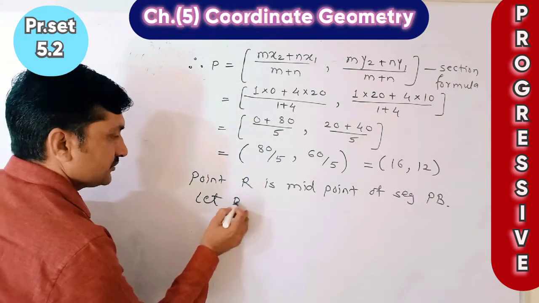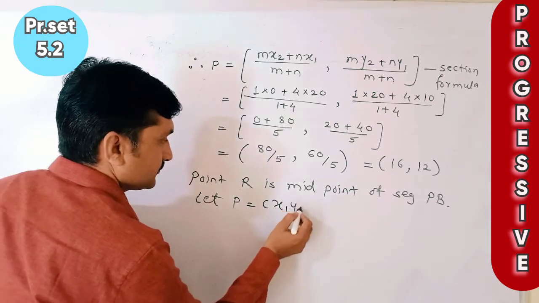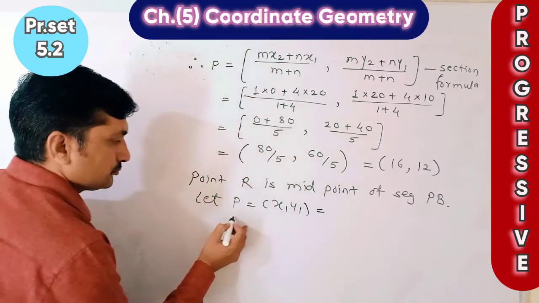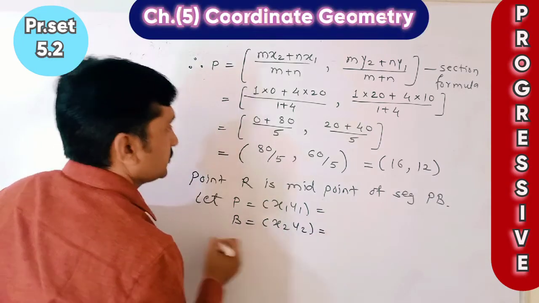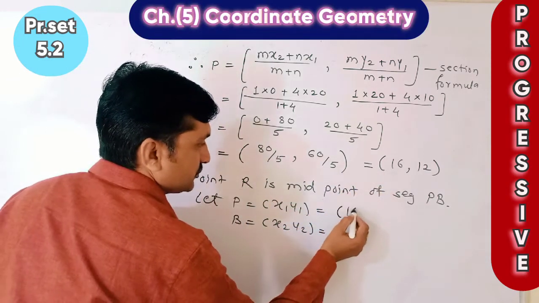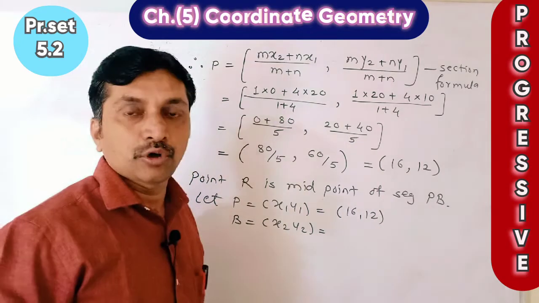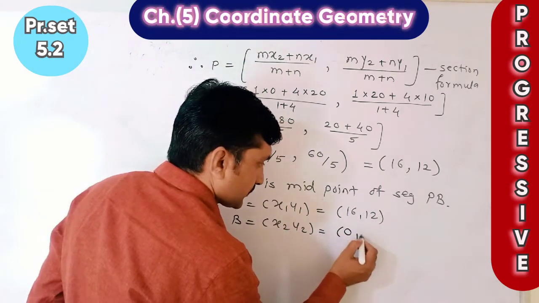Let P be (x1, y1) and B be (x2, y2). P we got (16, 12), B is (0, 20).